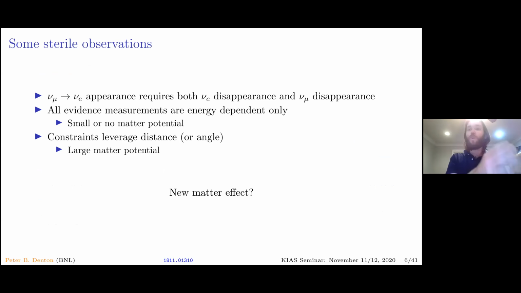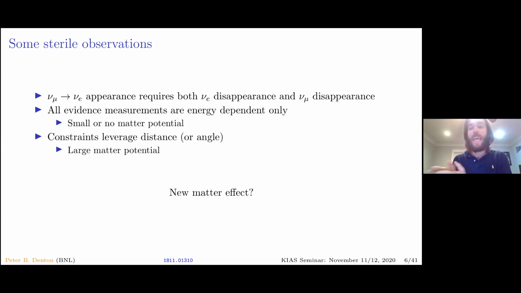Now, all the experiments that show evidence for this are energy dependent only. LSND and MiniBooNE see something in a spectral measurement. The reactor antineutrino anomaly is just across all energies, but that's compared to theory. Meanwhile, the constraints from MINOS+ and IceCube leverage distance, and we can measure distance as well. There's not going to be a problem in knowing how far away the MINOS+ far detector is.